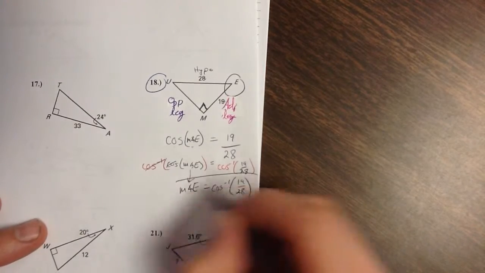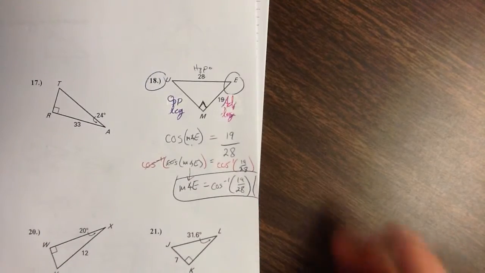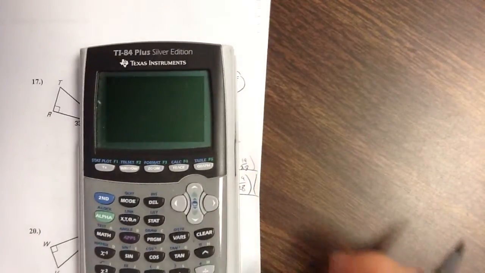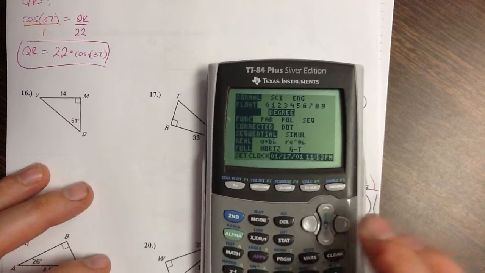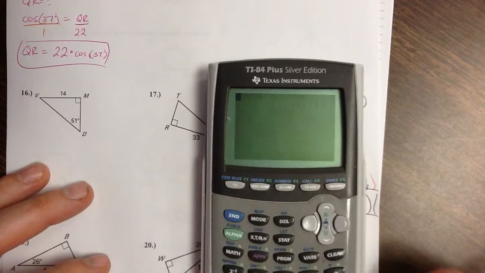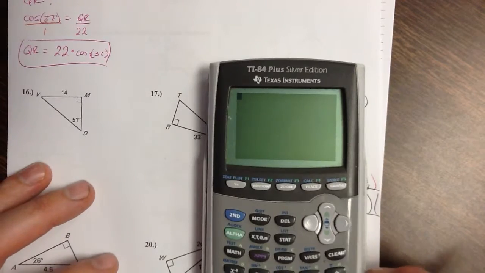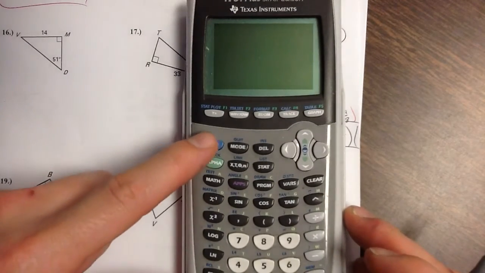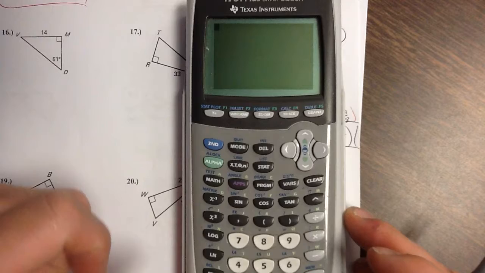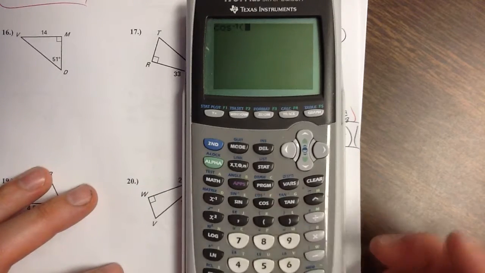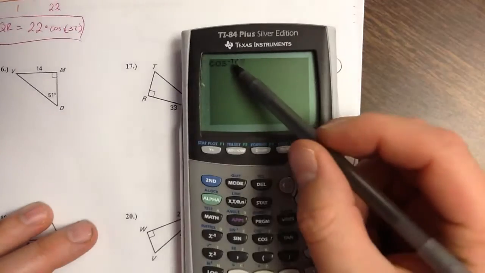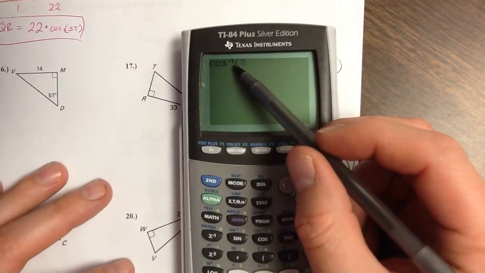We're not going to mess with this. We're going to let the calculator do everything for us. And so when we type it in, make sure that you're in degree mode. You're going to have to hit your second button to go into the secondary functions, and then we're working with cosine right now, so we'll hit the cosine button. Make sure you got that -1 when you're trying to find an angle measurement.